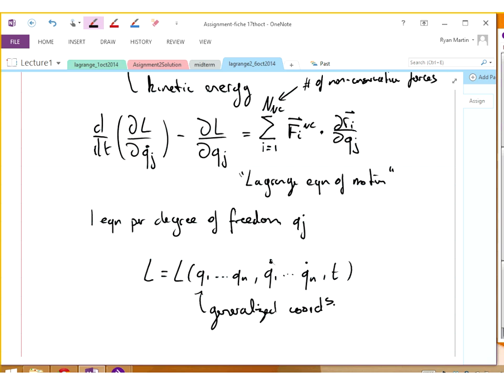It started by postulating the form of the generalized potential that would give rise to the Lorentz force. And then we saw that with that form of the generalized potential, when we applied the Lagrange equation of motion, we obtained back the equation of motion that you would expect, namely ma equals the Lorentz force, so the electric force plus the magnetic force.